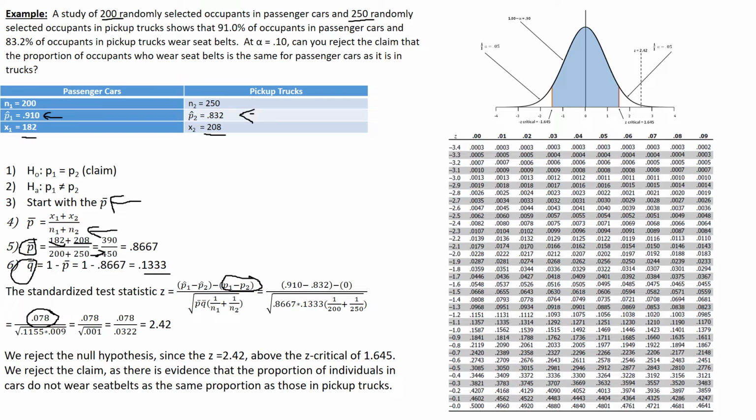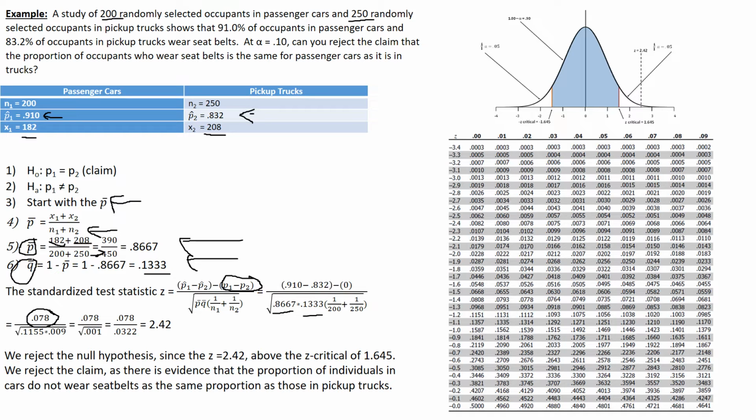And then I have to divide that by the standard deviation, which is the square root of p bar times q bar times 1 over n1 plus 1 over n2. Our p bar, we figured out up here for the population, is 0.8667. Our q bar, which is 1 minus 0.8667, is 0.1333.